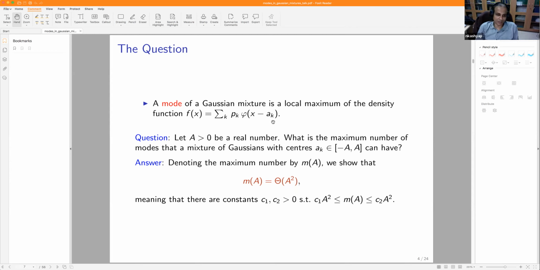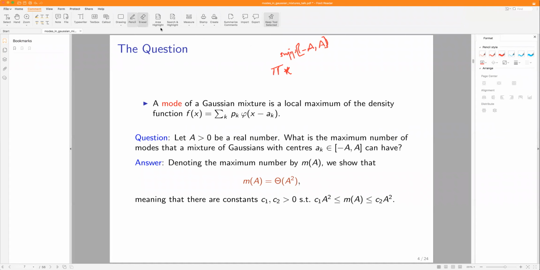It could even have mixtures like this, which is also allowed: some density supported on -a to a, and you convolve it with the Gaussian.